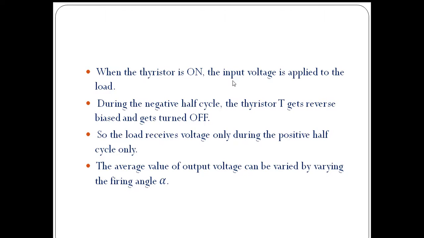When the thyristor is on, the input voltage is applied to the load. During the negative half cycle, the thyristor T gets reverse biased and turns off. So the load receives voltage only during the positive half cycle of the supply. The average value of output voltage can be varied by varying the firing angle of the SCR.